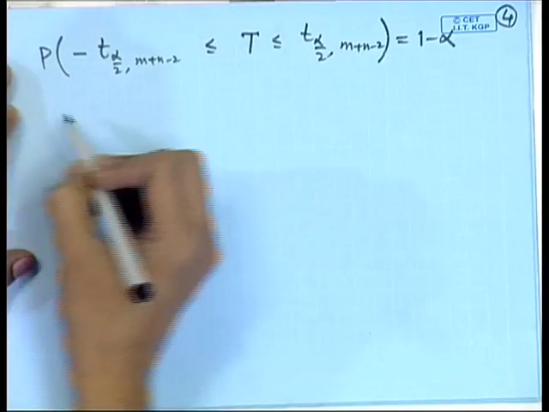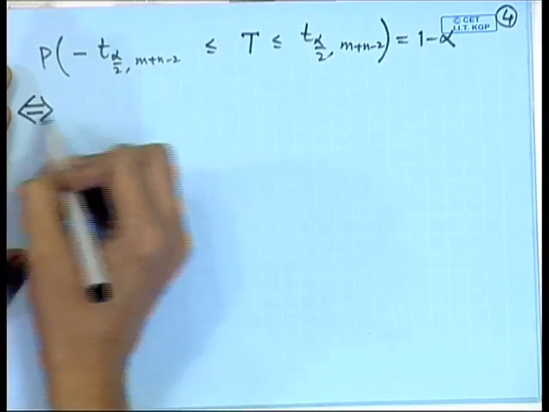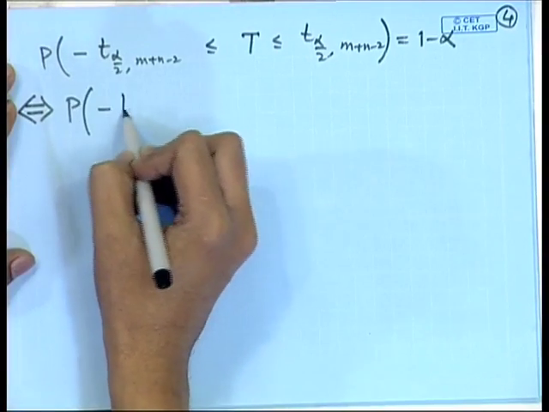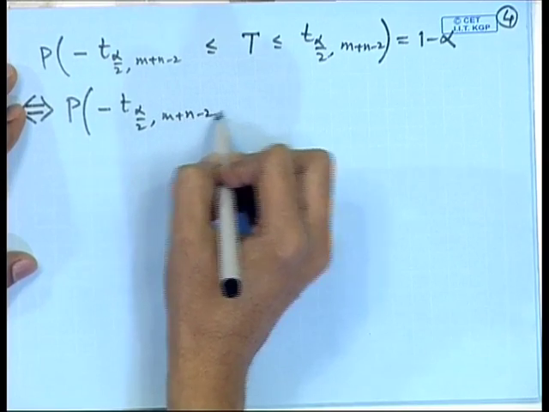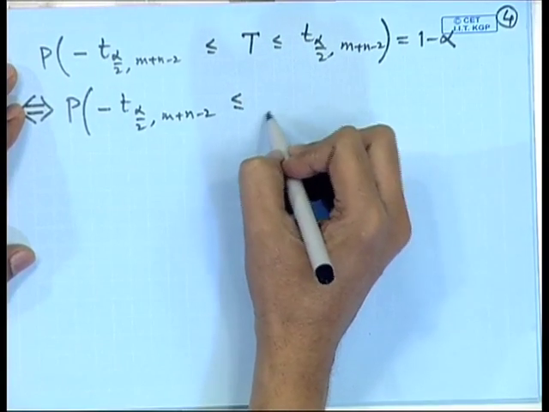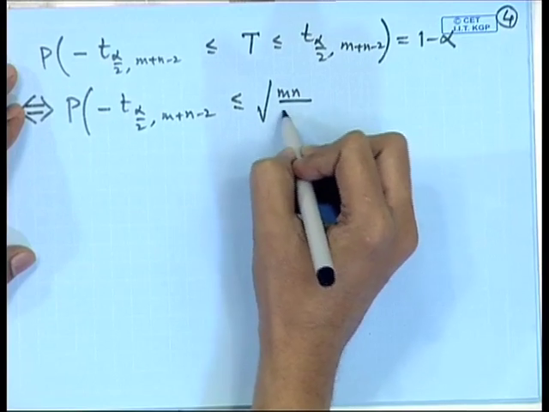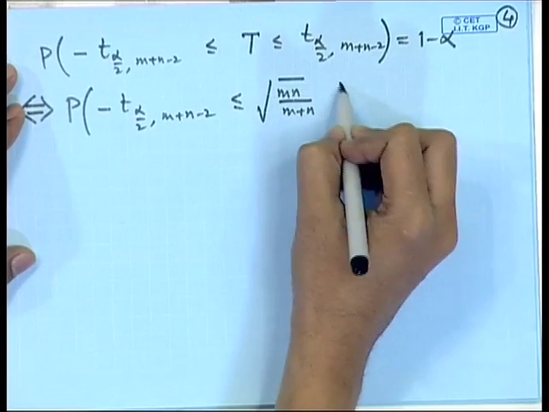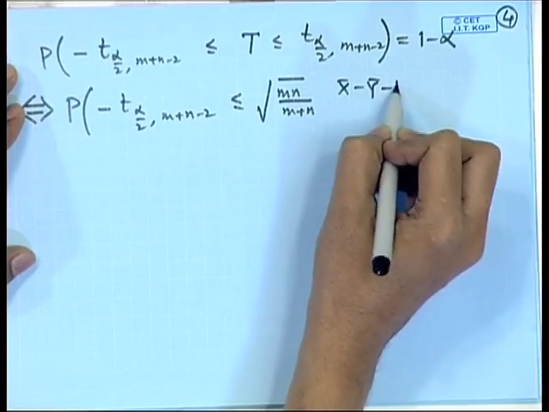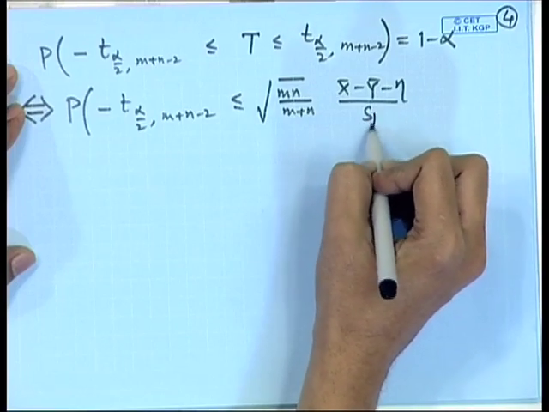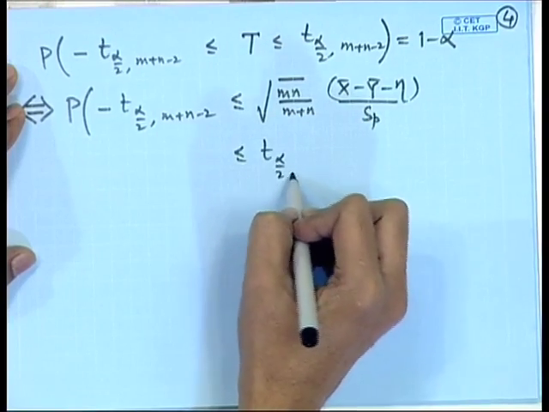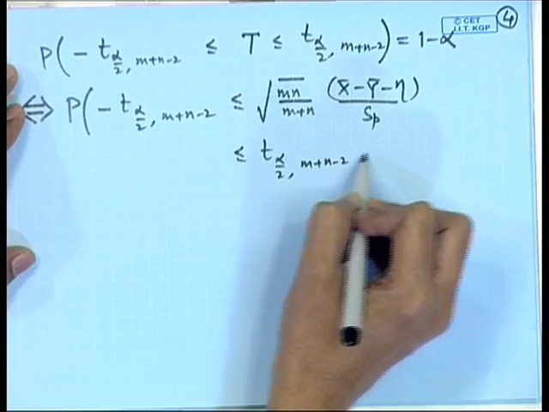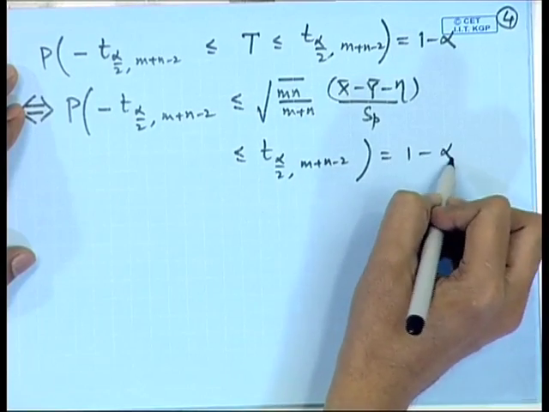So, expanding this t and then adjusting the terms, we will be able to construct a confidence interval for mu 1 minus mu 2. So, t is here square root of m n by m plus n, x bar minus y bar minus eta, divided by s p, that is less than or equal to t alpha by 2, m plus n minus 2, that is equal to 1 minus alpha.